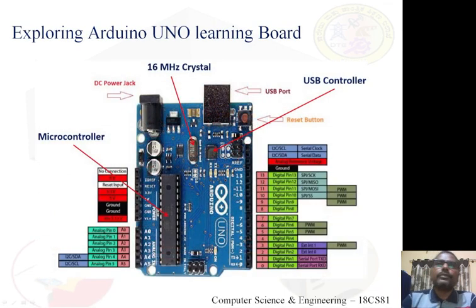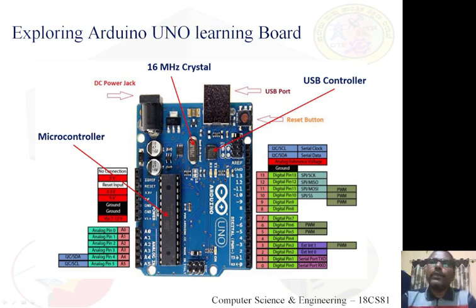Now look at this slide. See at the right side, you can see pins numbered 0, 1, 2, 3, 4, 5, 6, 7, 8, 9, 10, 11, 12, 13. The pins numbered 0 through 13 are digital pins. I mean to say the pin values can be either 0 or 1, high or low.